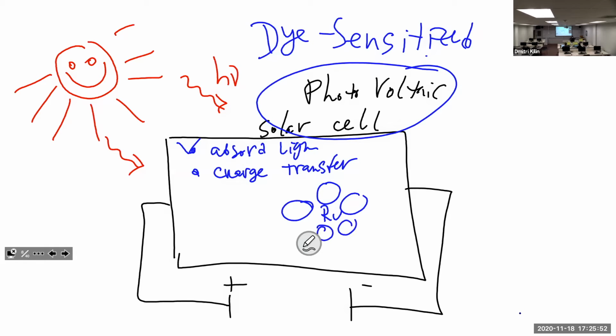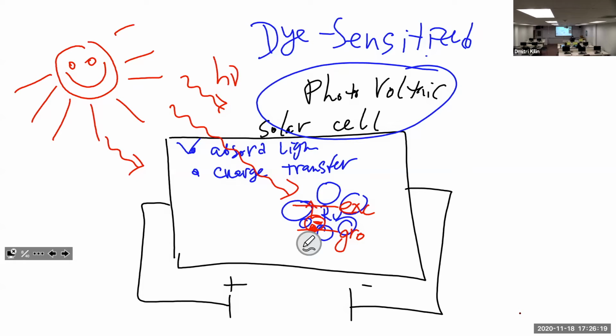I'm just showing some links. And we often excite this dye from ground to excited state. So L2 is negative.